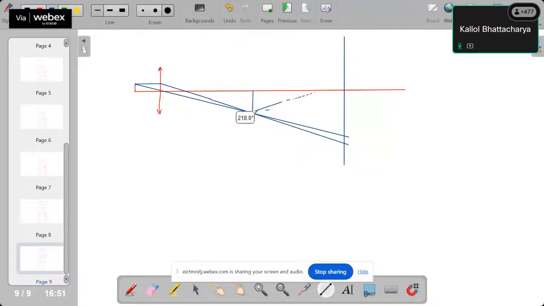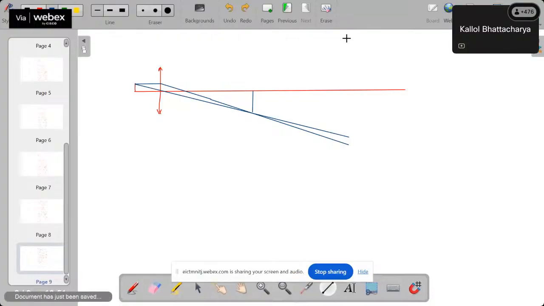So let's draw the eyepiece and then draw the chief ray. Now we know that these rays will all be parallel to this. It should have been blue.